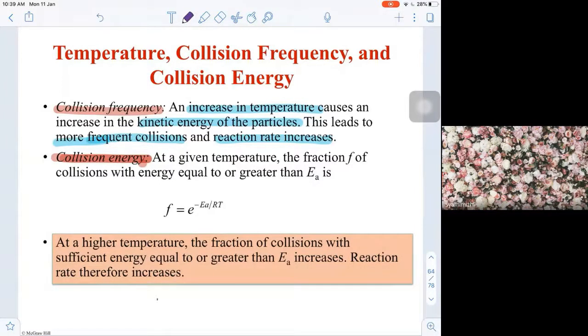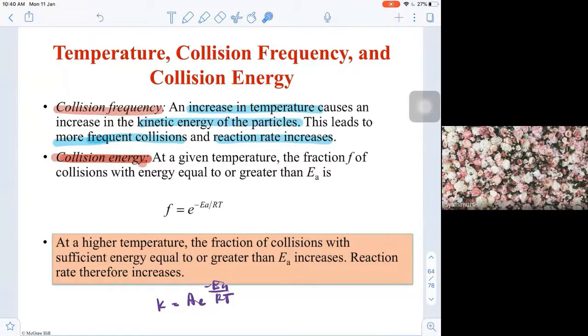So the Arrhenius equation is k equals A e to the power negative EA over RT. Look at the relationship between k, the rate constant, and the temperature. From this Arrhenius equation, we will not apply this in calculation. We just look at their relationship only. You need to be able to explain the relationship between the temperature and the rate based on the Arrhenius equation.